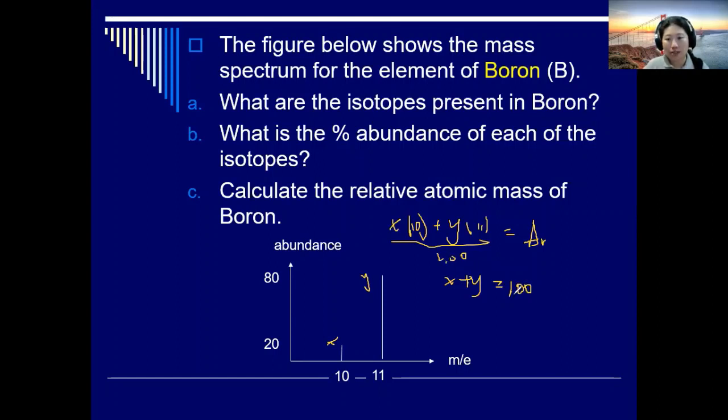If I put 1.00, for example, if I calculated x equals 0.23, then you will know that the abundance percentage of x will be 23%. You must remember, if you use percentage like x plus y equals 100, then you must divide by 100 to get the average.